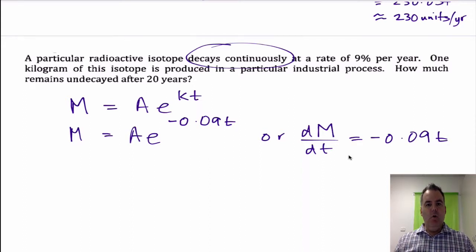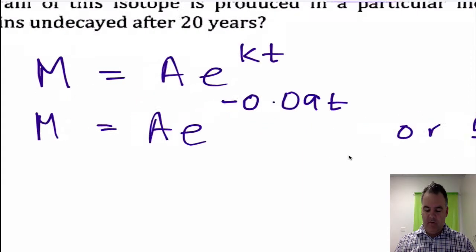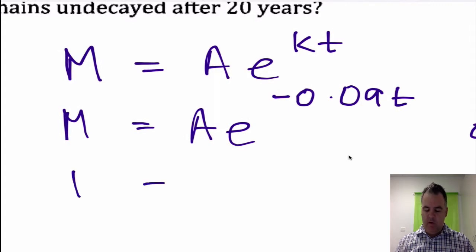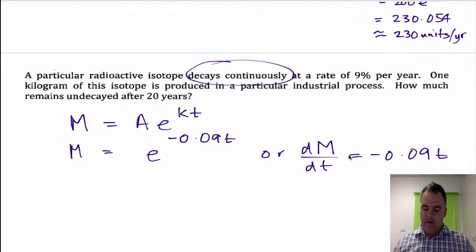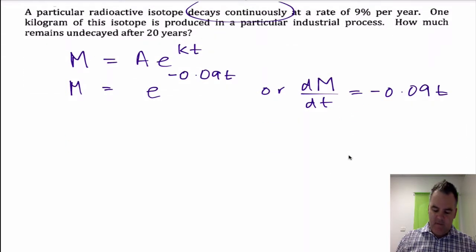Okay. 1 kilogram of this isotope is produced in a particular industrial process. That means we start with 1 kilogram. So without going through all the process, I could just say this is 1 when t is equal to 0, so that gives me that A is equal to 1. So I'll just rub this out because I know that A is equal to 1. So now I've got my formula. Now I can start answering the question: how much remains undecayed after 20 years?